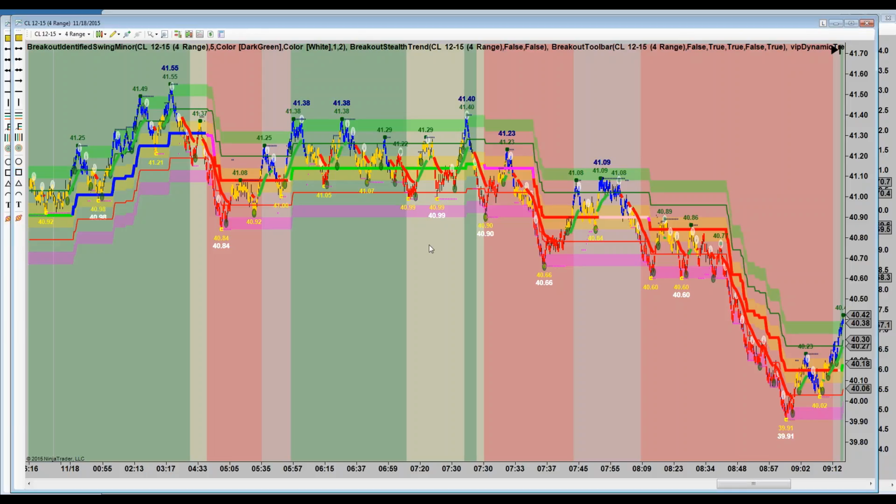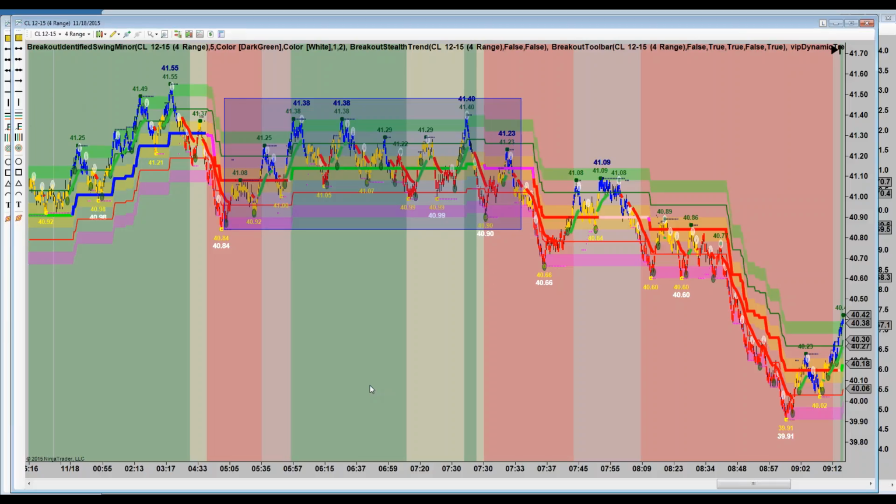This is crude oil yesterday. Walter says, yikes. How about this area? You like this area right here? How about that? You like that?